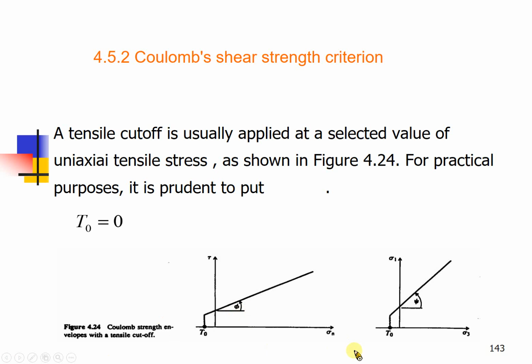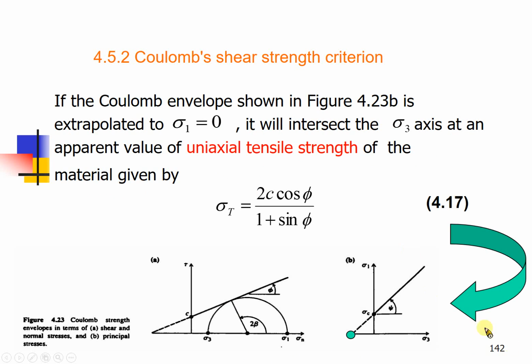For practical purposes, we will not really use this data point, sigma t equals this, to get the tensile strength. Also, you can calculate this from the C and phi.